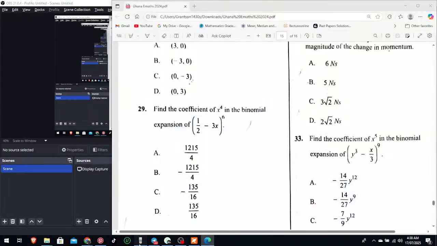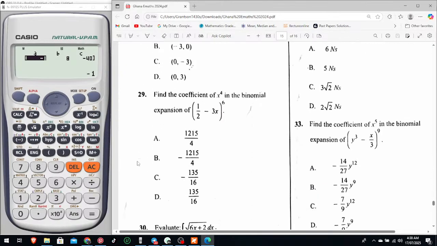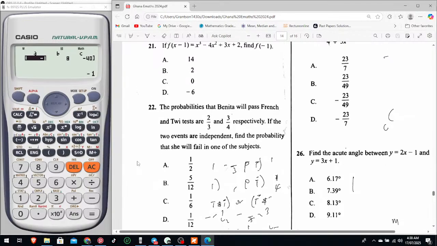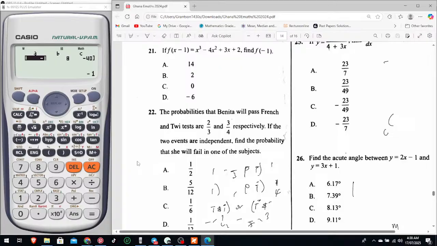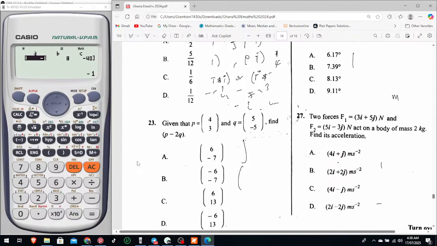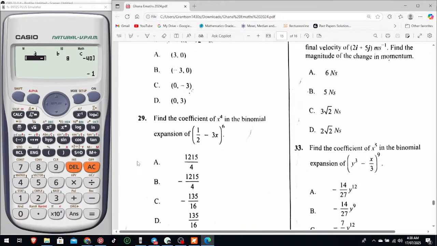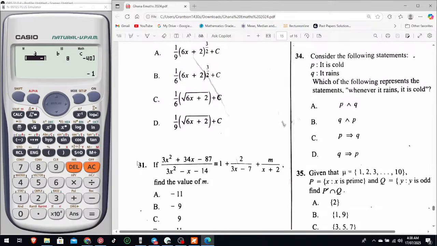Okay, yeah, good to go. So yesterday, where did we reach? We were on one of these questions. We did the acute angle, right? Remember how we did the integration?